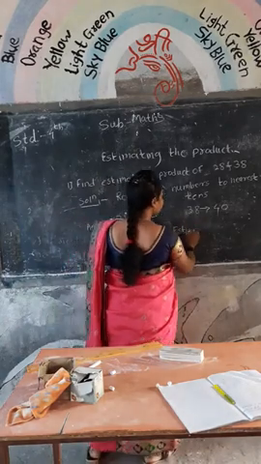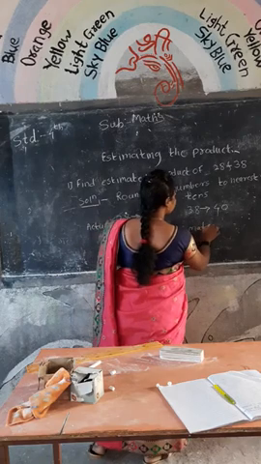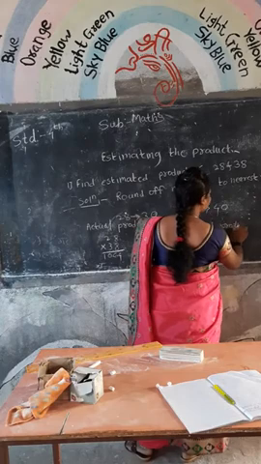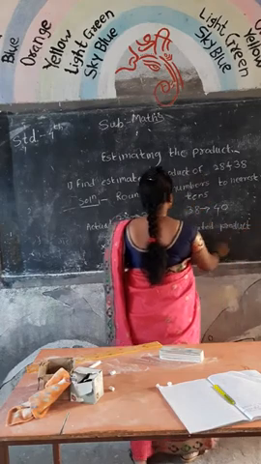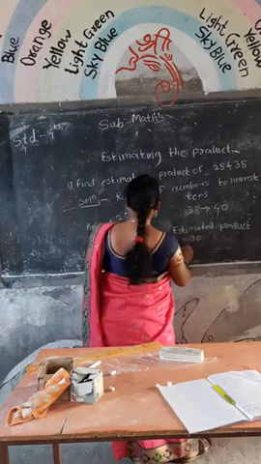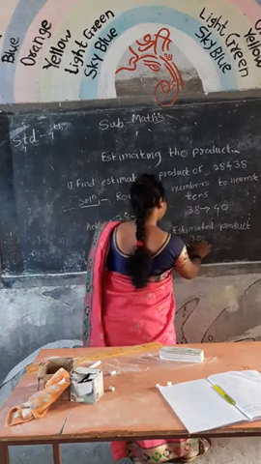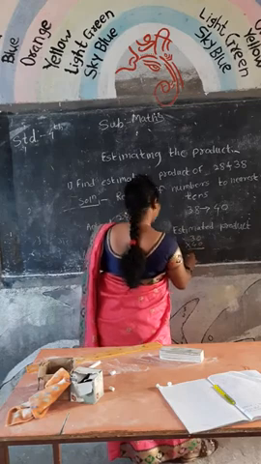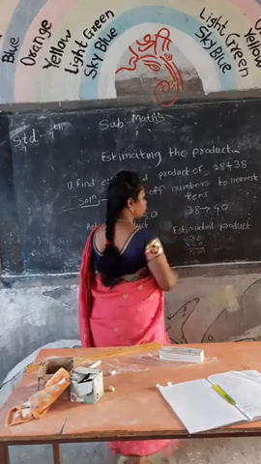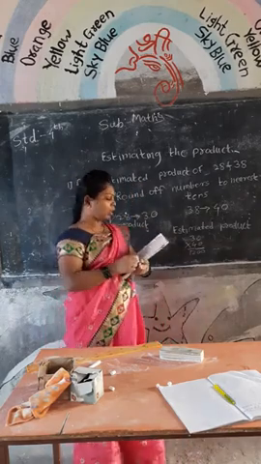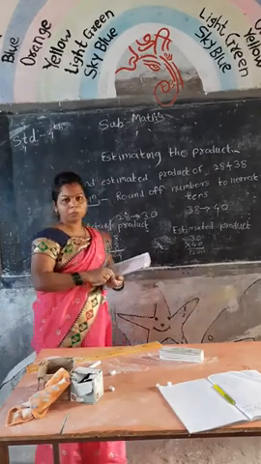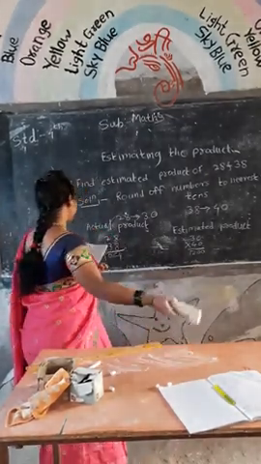Then the estimated product is 30 multiplied with 40, we get 4 3s are 12, 0, 0, 1200 is the estimated product. This is estimating the product.